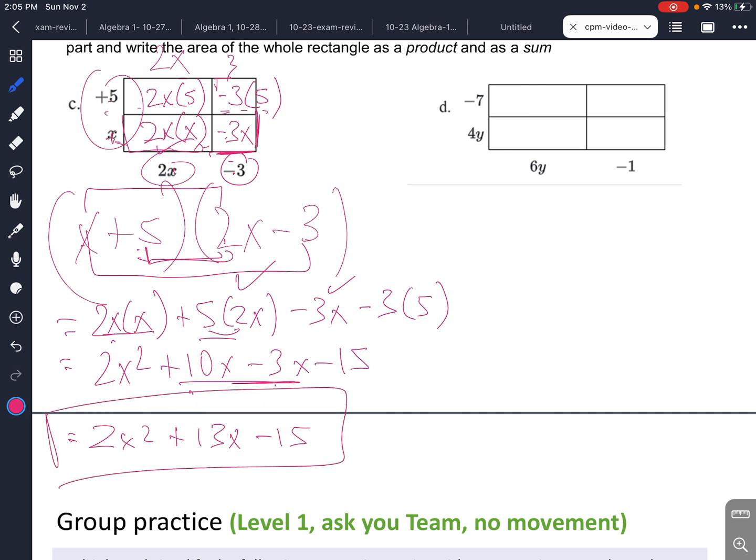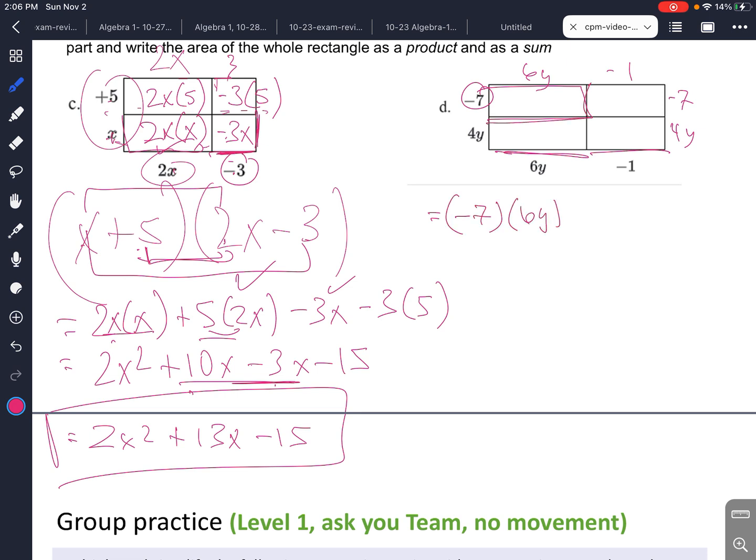Okay, that might be a little confusing. Let's do another one. All right, so let's go through this one. Remember, if it's a rectangle, then this side is the same as that side, and this side is that side, just so you can see what I'm multiplying for. So in this rectangle, I have -7 times 6y.